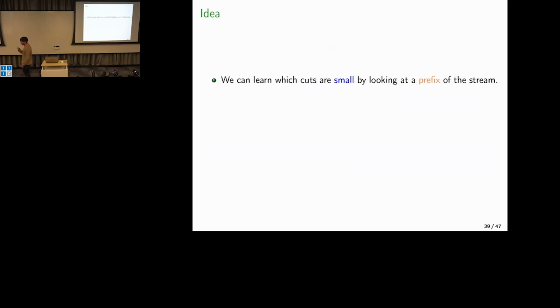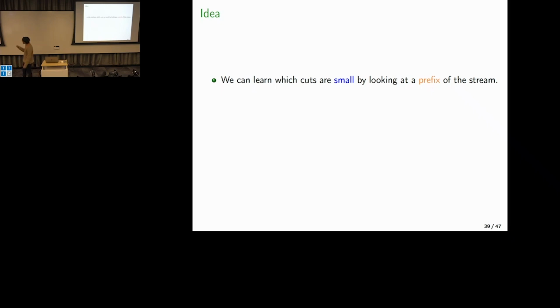Okay, so what is the idea? Let me briefly tell you what the idea is, then we'll go into the algorithm in a little more detail. What we can do is look at the prefix of the stream, and the prefix of the stream is a cut sparsifier itself because the elements are appearing in a random order. That will tell me what the small cuts are and what the large cuts are.